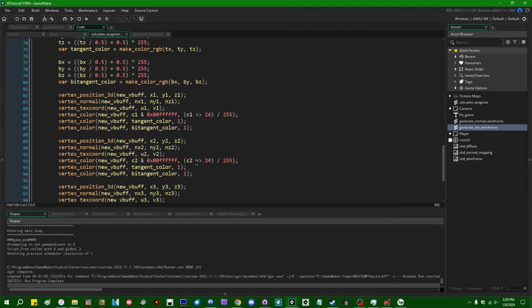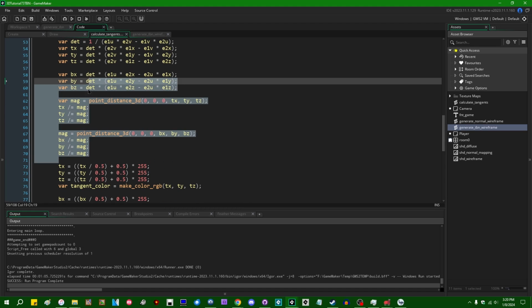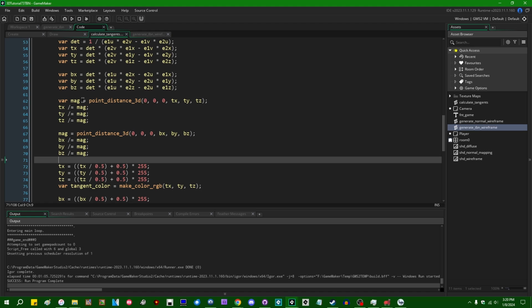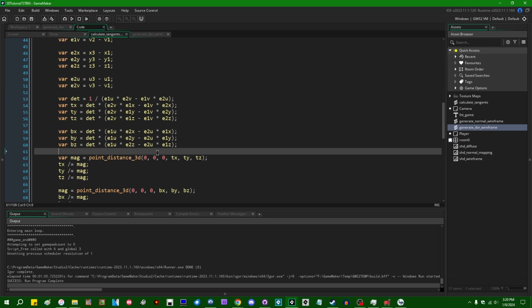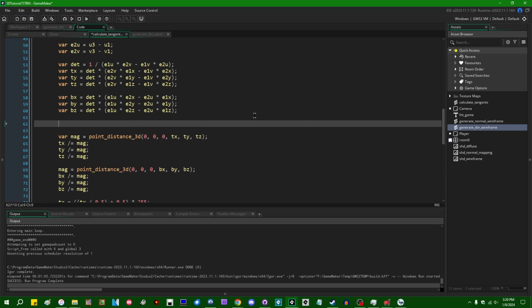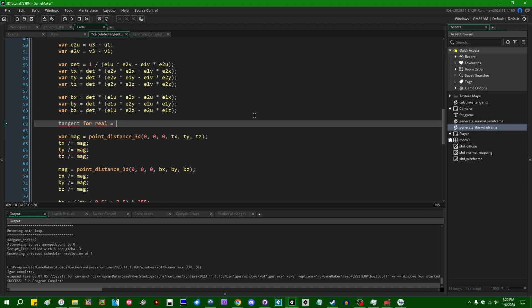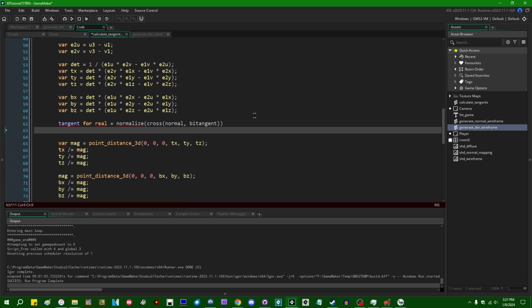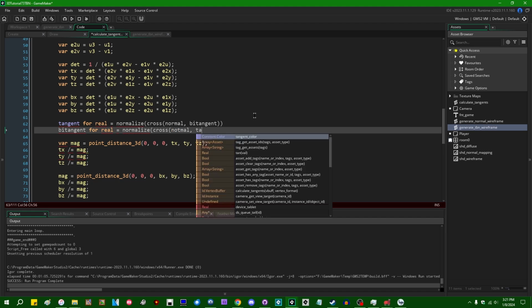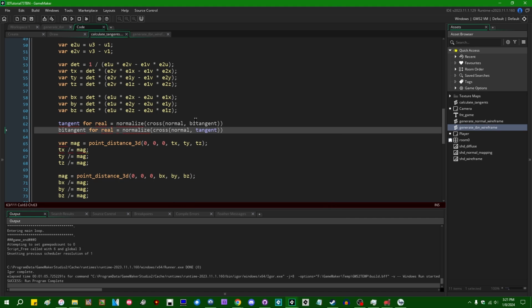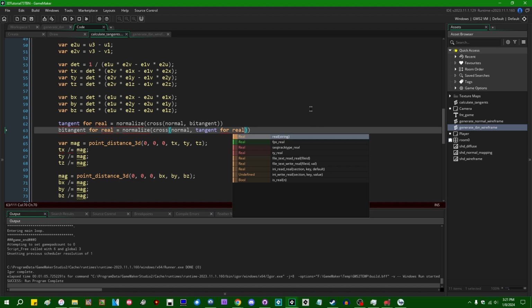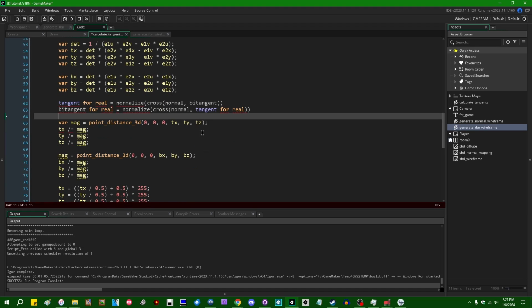To take care of that, you could do another step where you calculate the tangents and bitangents where you treat these values up here as intermediates, and you could say the tangent for real is going to equal the cross product of the normal and the bitangent, and normalize that, and then the bitangent for real is going to be the cross product of the normal and the tangent for real, and then you could do this to make sure that they're all at 90-degree angles to each other, right?